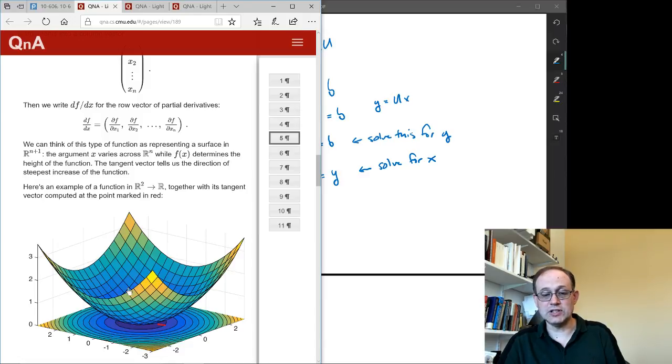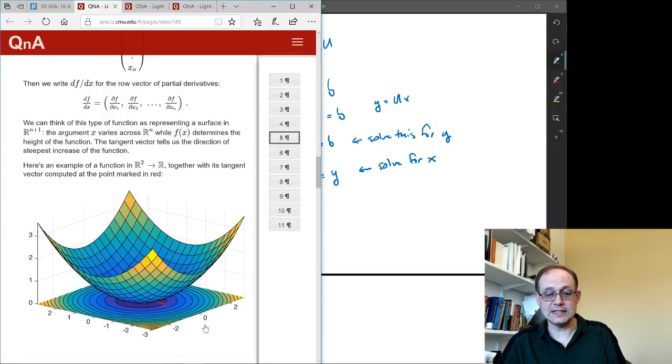Here's an example of a parabola in R^2. There's a derivative vector here in red, and what this is telling us is the instantaneous direction of steepest increase of the function. That's called the gradient.